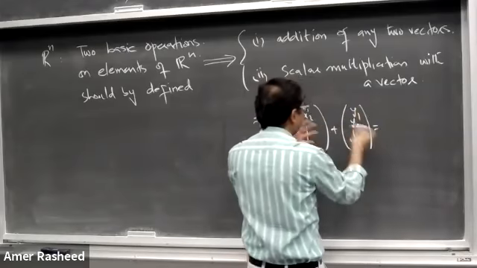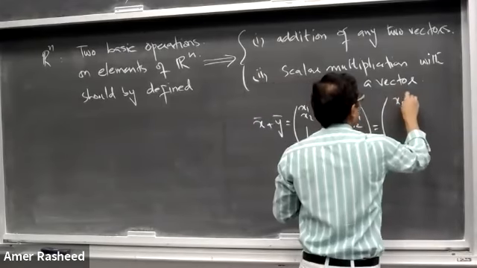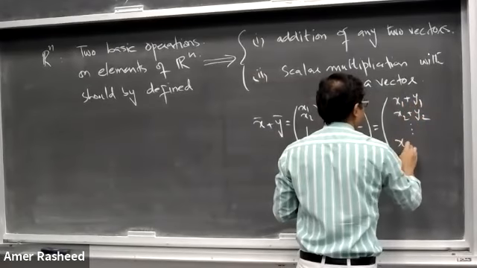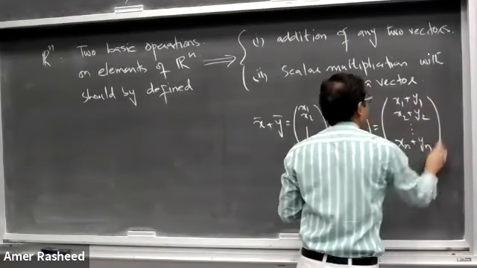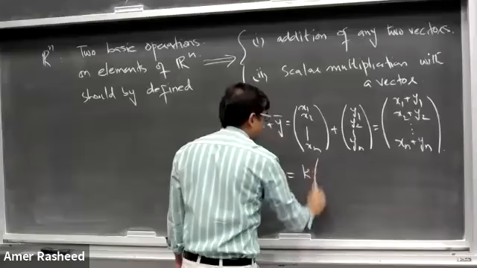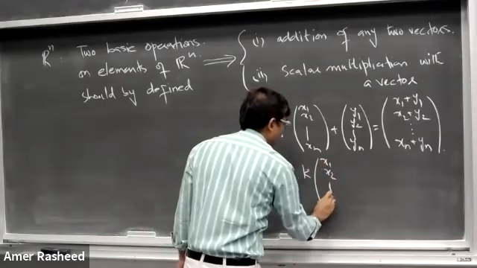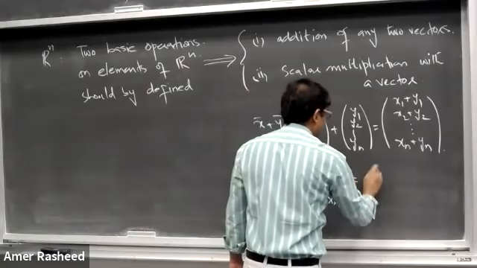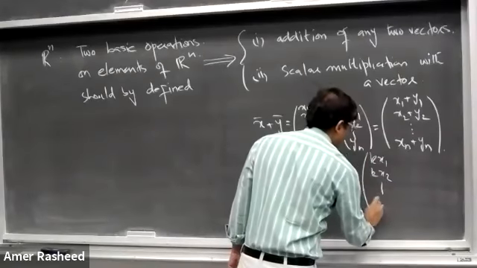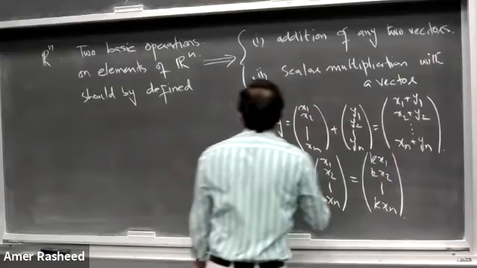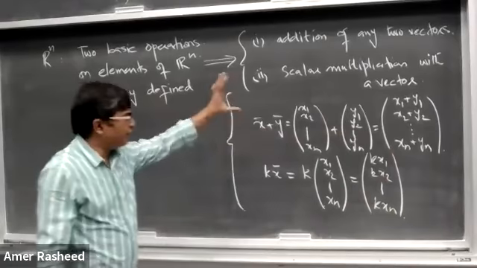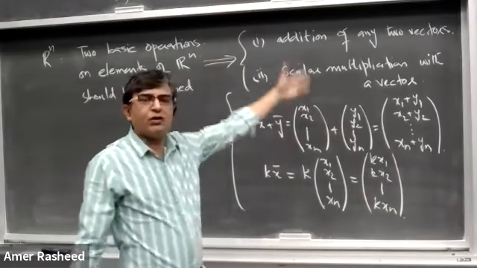So how do we add vectors? We add the corresponding components of the vectors. This is how the addition is defined. And how is scalar multiplication defined? k times (x1, x2, so on xn): we multiply the scalar with each component, giving (kx1, kx2, so on kxn). So these two basic operations are defined in this way. Now using these definitions we have to prove all these properties.